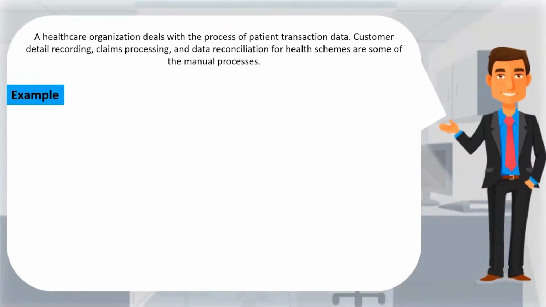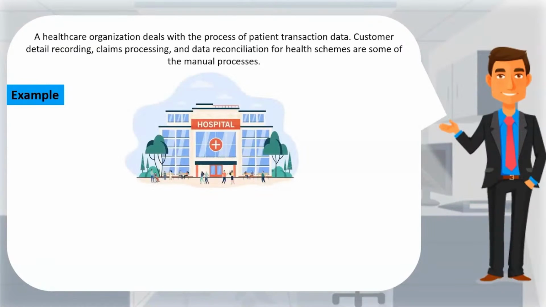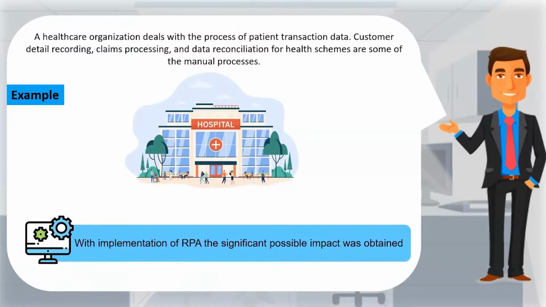Let's consider an example. Daily, a healthcare organization deals with the processing of patient transaction data, customer detail recording, claims processing, and data reconciliation for healthcare schemes, which are some of the manual processes they must streamline daily. The primary goal was to increase the efficiency of existing approaches to achieve greater accuracy with reduced turnaround time. Robotic process automation was implemented and the most significant possible impact was obtained.